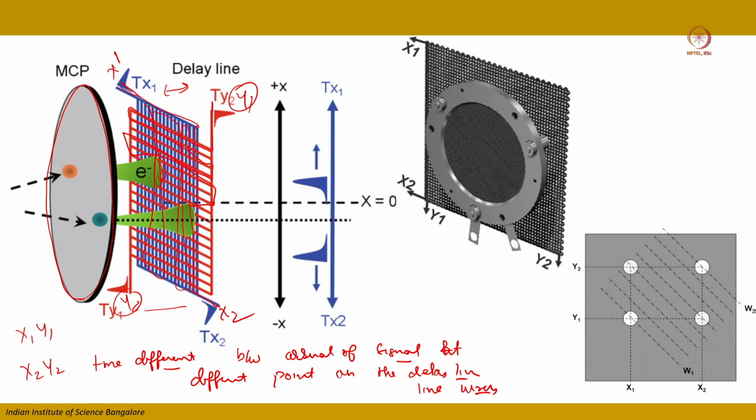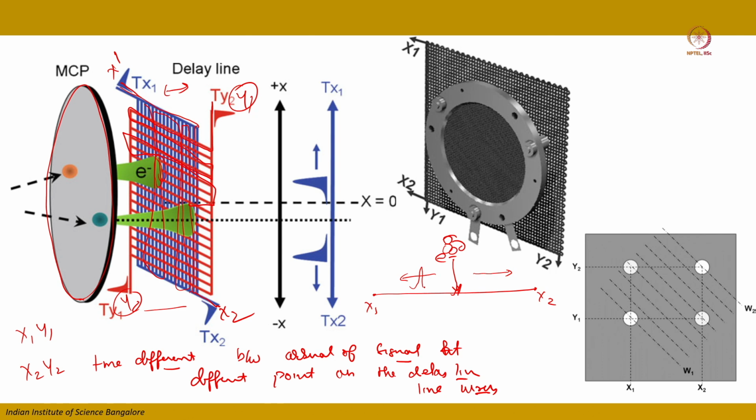Schematically, assume you have a continuous wire with this x1 position and this x2 position. When an electron cloud hits the conductive wire, it will generate an electric pulse, and this pulse can travel in this direction and also in this direction.